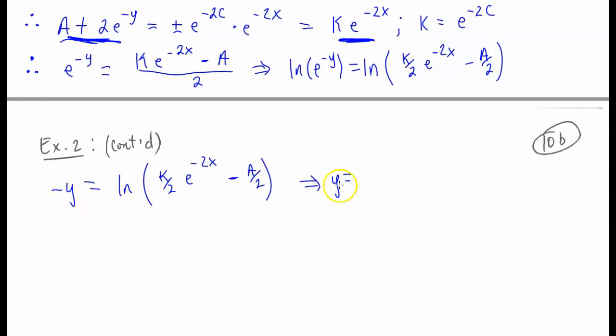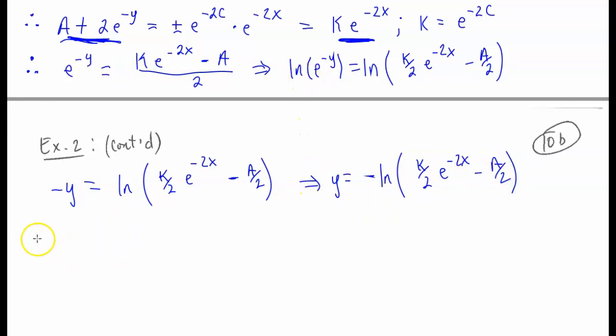And of course here, this would be a minus natural log. Oops, didn't mean to do the absolute value part there. This will be k e to the -2x minus this.